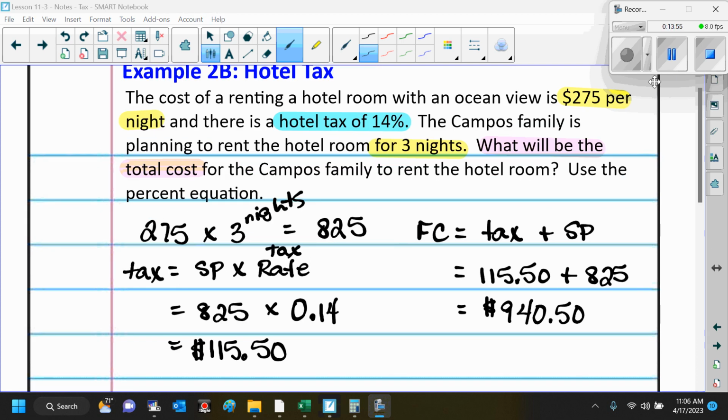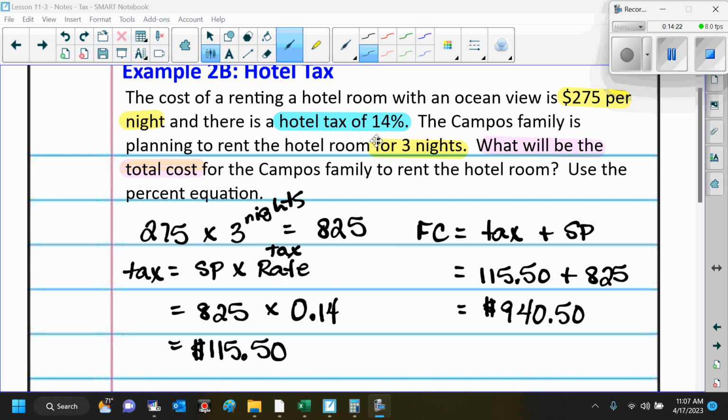So the first thing you need to do is you need to know that, see, it says $275 per night, and they're staying for 3 nights, right? So we have to multiply 275 times 3 nights to get 825. Now, to find the tax, I multiplied the sale price, 825, times tax rate, which is 14%.